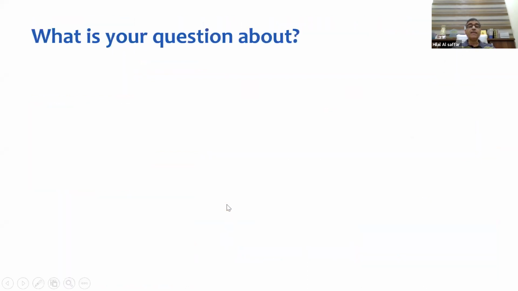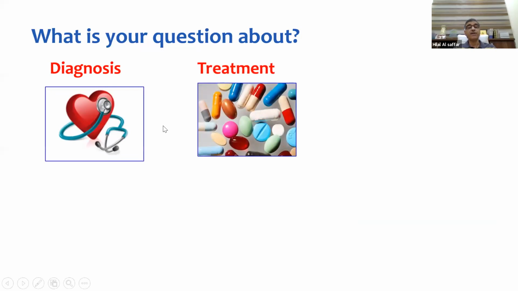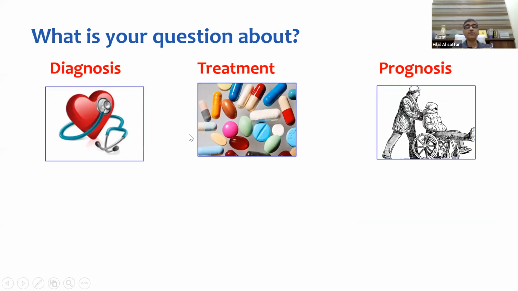The other topic: what is your research question about? You have to decide from the start. For example, are you going to talk about the diagnosis of something? Are you going to talk about the effectiveness, risk and side effects of a treatment? Are you going to talk about the prognosis? For example, if you have patients with corona who have many comorbidities, what is the prognosis of getting a severe infection?